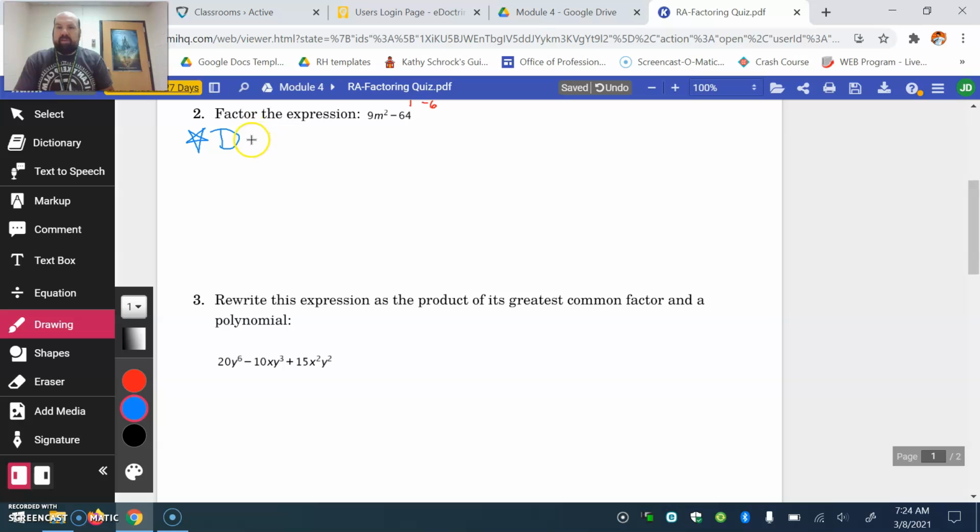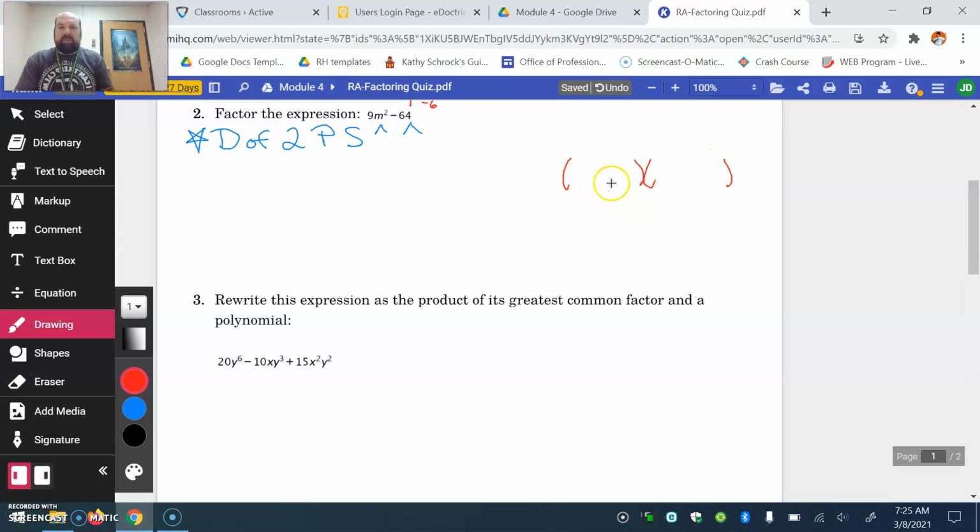Okay, number 2. This you should recognize as difference of two perfect squares. Okay. So I would split this one up and I would split this one up. Again, our answer is going to be in this form, 2 parentheses.